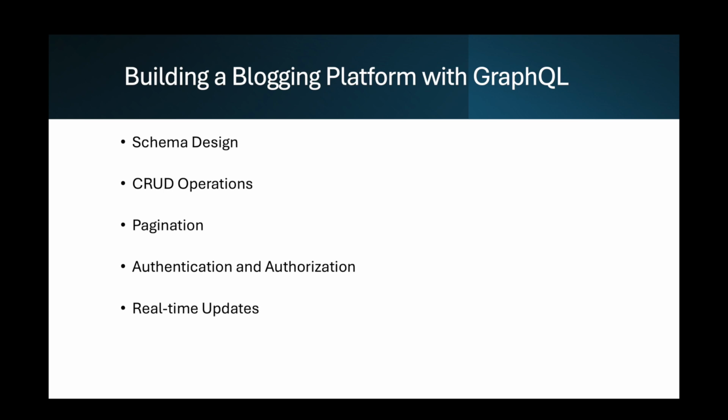You can implement pagination by using techniques for efficiently handling a large number of blog posts and comments. Authentication and authorization. Integrate authentication and authorization mechanisms to secure access to certain features and data within the blogging platform. Next is the real-time updates. Implement real-time updates using GraphQL subscriptions to notify users of new blog posts, comments, or updates to existing content.